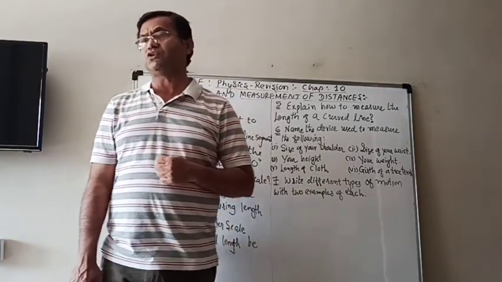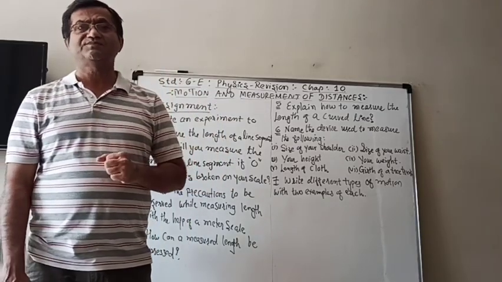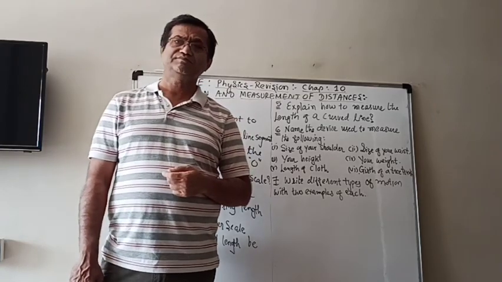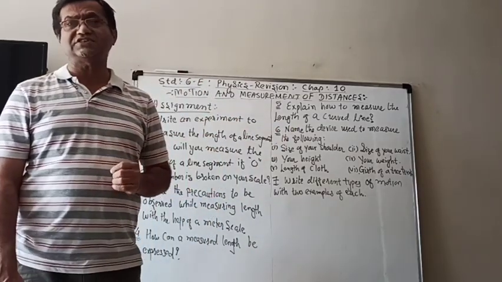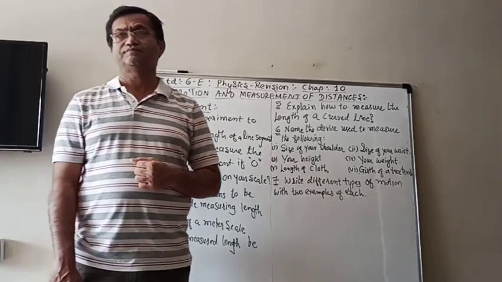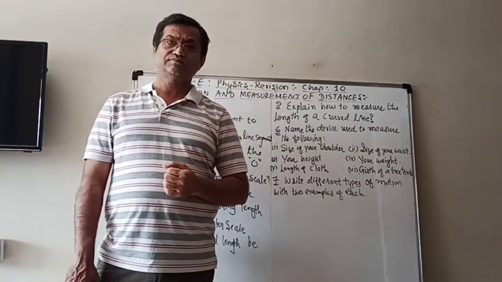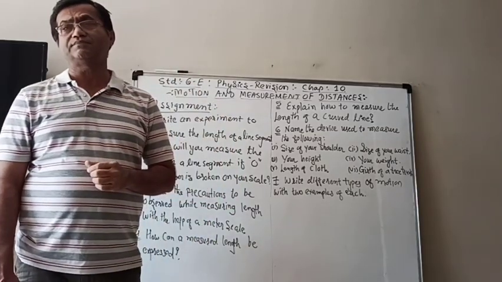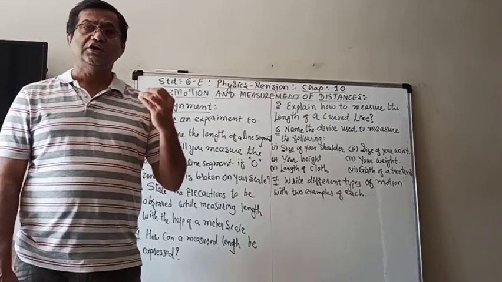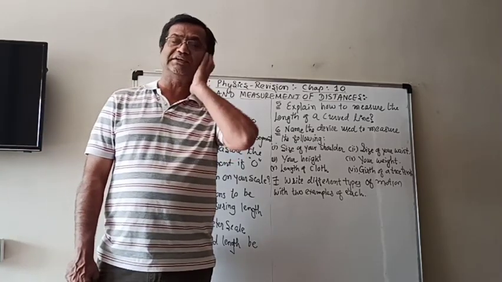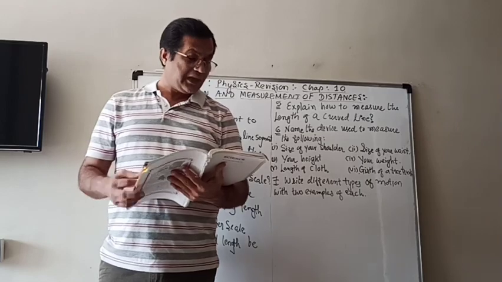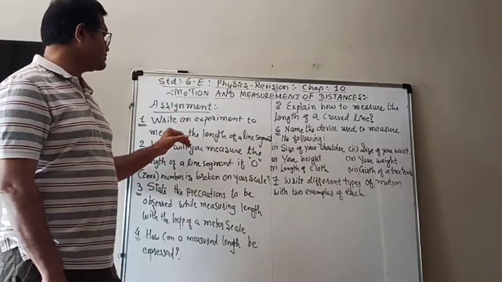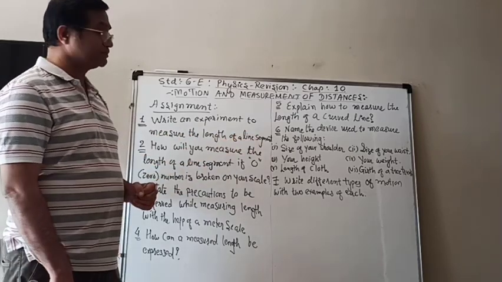Then you have to put the 0 digit on one end of the line segment and put the meter scale along the line, and where the line segment ends, we check the number there, and according to that you will write down the length of that line segment. That is the way to measure the length of a line segment.